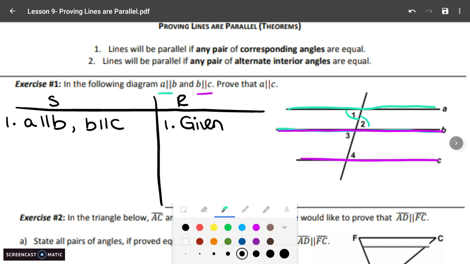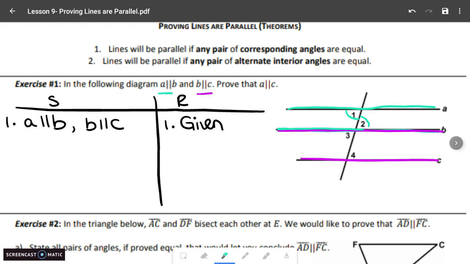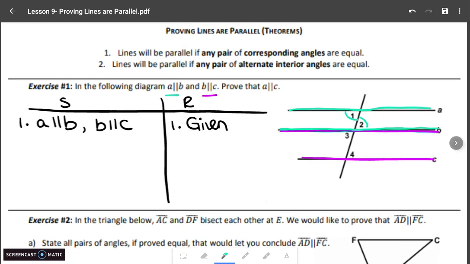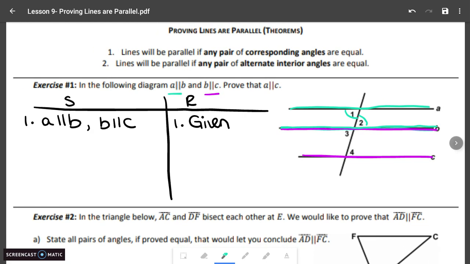They're in between these two lines, A and B, and notice that they're both inside the parallel lines, being the interior angles, but they're on the alternate or opposite sides of the transversal. Those are what we're talking about when I was referring to my alternate interior angles.